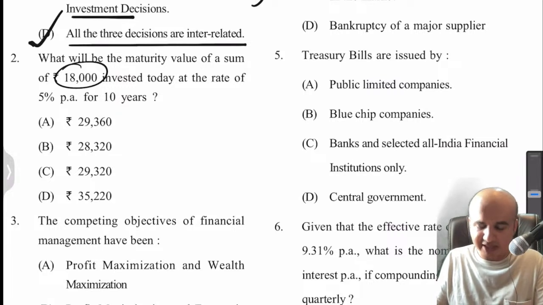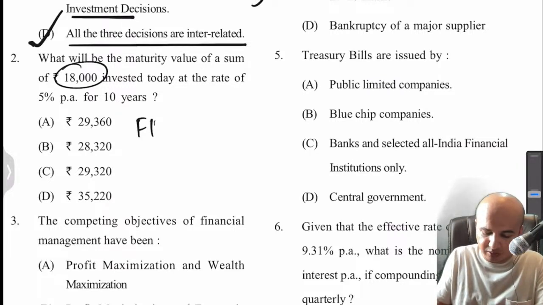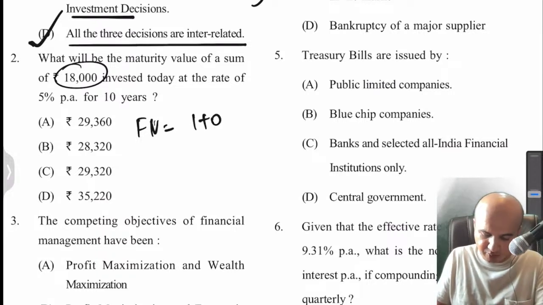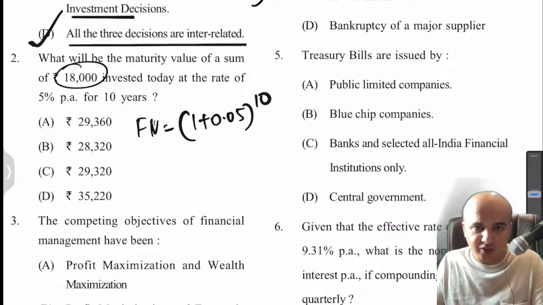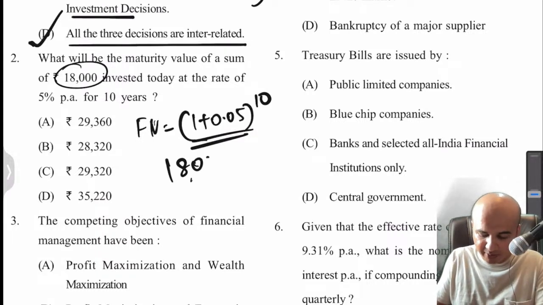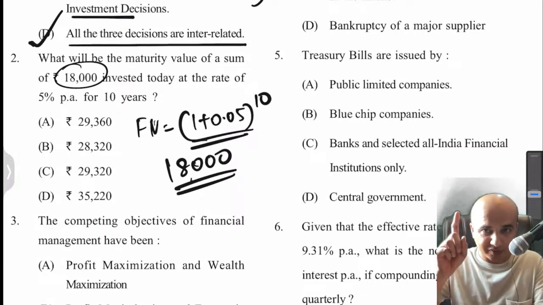For example, in this case, what we can do is we can just calculate the future value by considering 1 plus, what is the rate here? 0.05, right? To the power of 10. Now, whatever we get here, if you multiply by 18,000, you will get the maturity value.